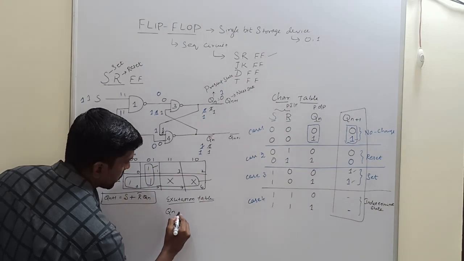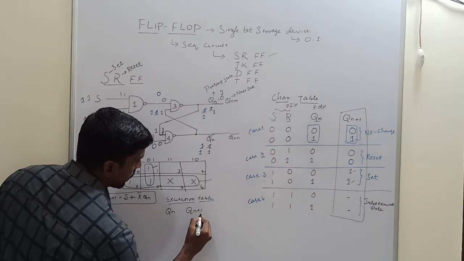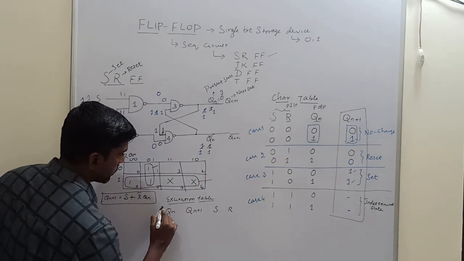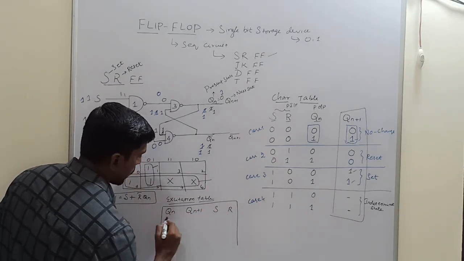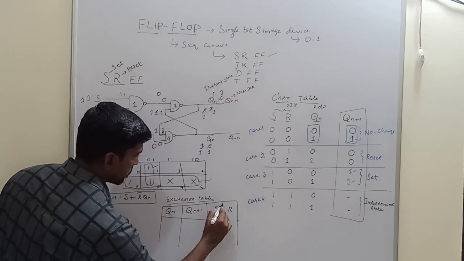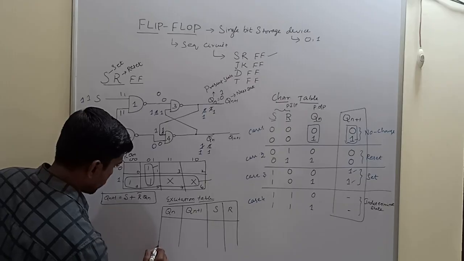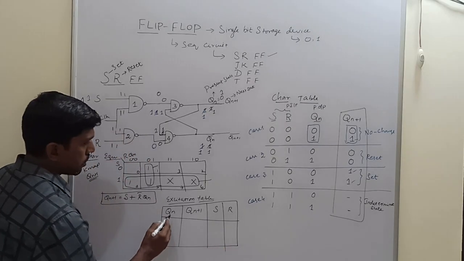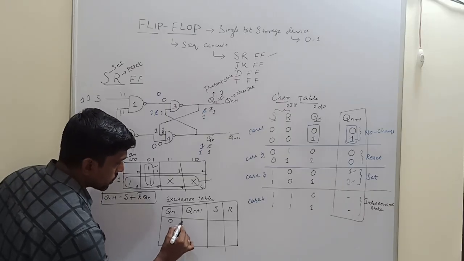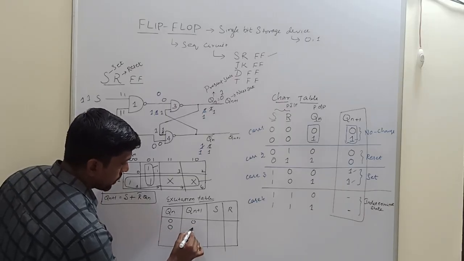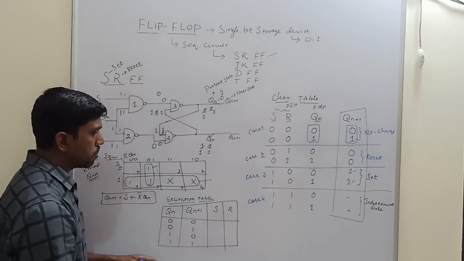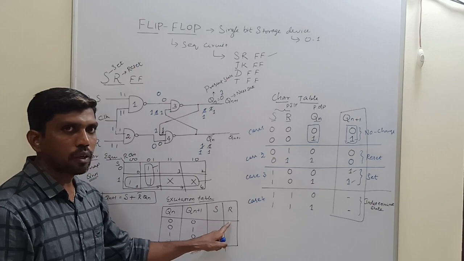Qn is the present state, Qn plus 1 is the next state, and S and R are the inputs. So Qn and Qn plus 1 make 4 combinations: 0 0, 0 1, 1 0, 1 1. Let me find the values for S and R.